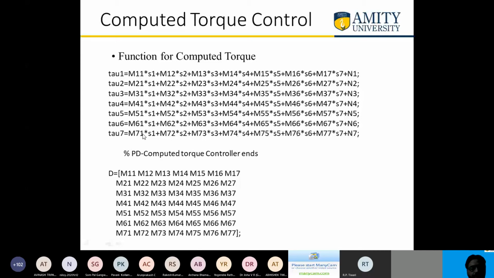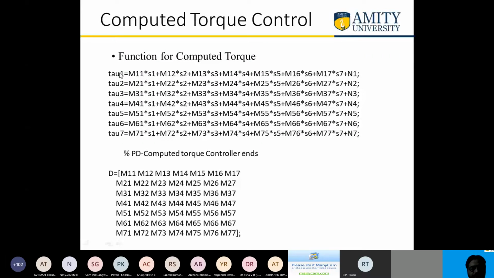Since a robotic system is highly coupled, you can observe here this torque 1 is dependent upon state of joint 1, state of joint 2, state of joint 3 and all 7 joints. That is tau 1 is dependent on position, velocity and acceleration of all 7 joints. Similarly, it is true for all. Tau is the torque symbol that I have used.